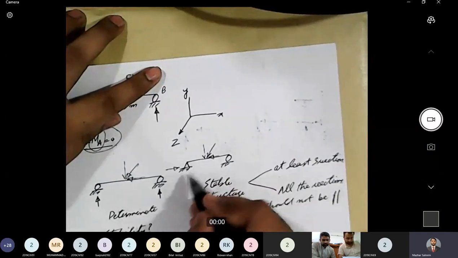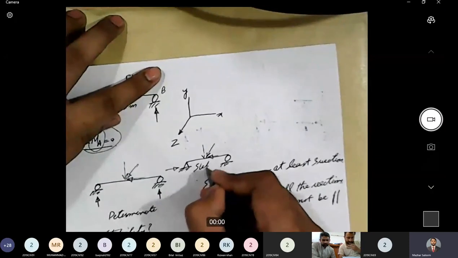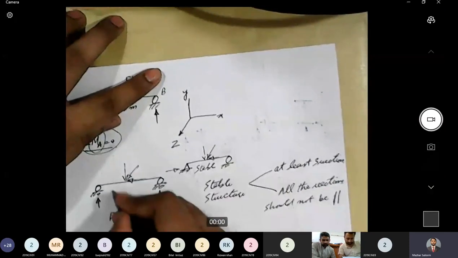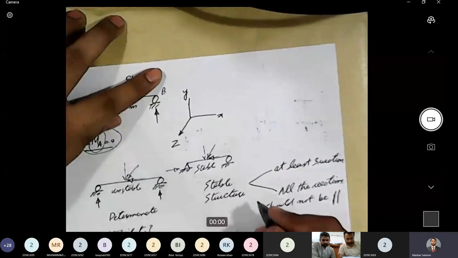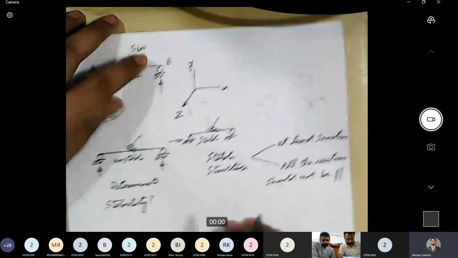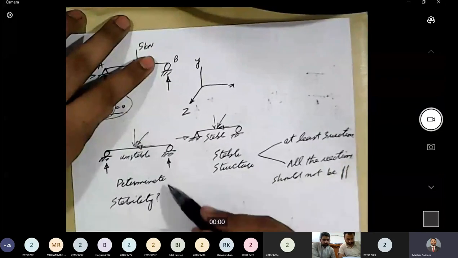So ultimately this structure will be a stable structure. But this structure is an unstable structure.